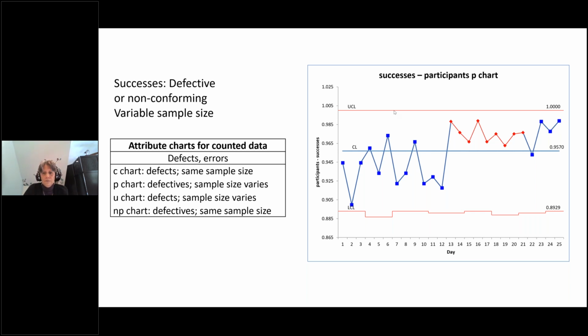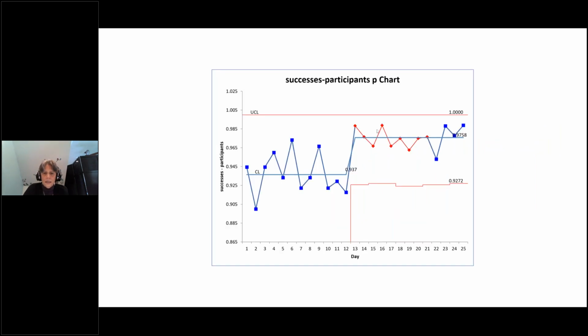And here our upper control limit is flat because it's 100%, but down here our lower control limit is variable. So again, I could tell the program that here's where we made a process change, and then it recalibrates our central line of our expectations going forward.